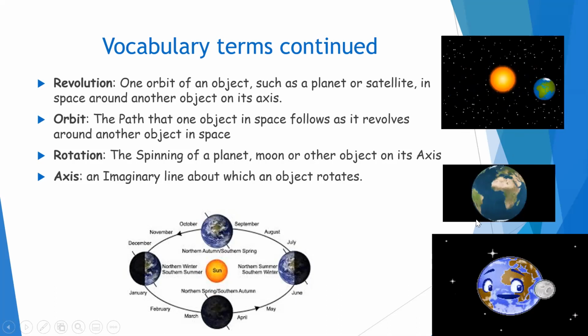Rotation means that the planet is going in its own circle, but it's also going around the sun while it's spinning. And then we have axis, which is an imaginary line about which an object rotates. Looking down here, this line going across the Earth is Earth's axis.